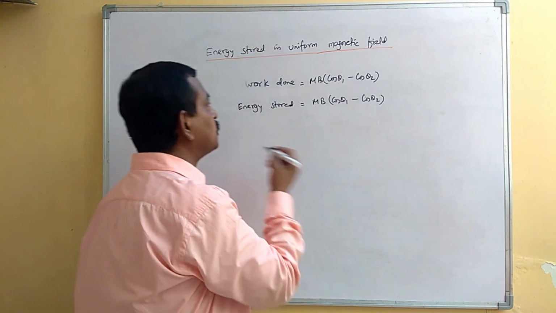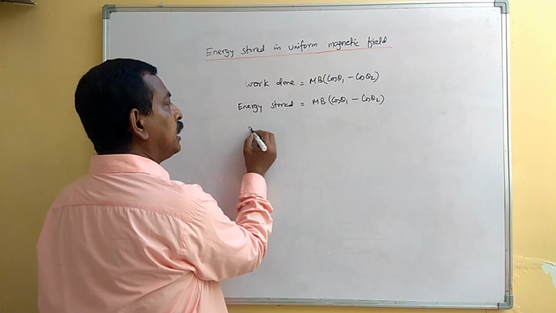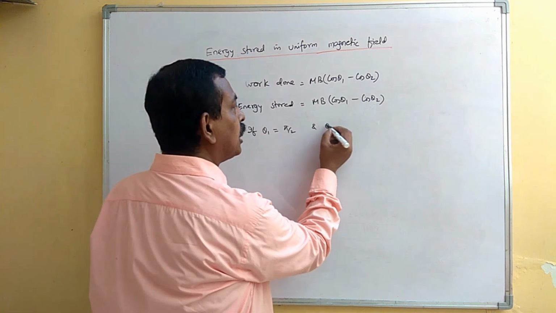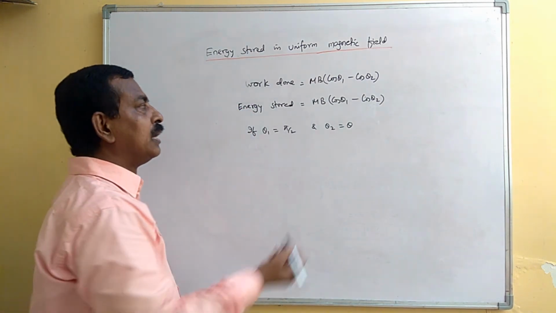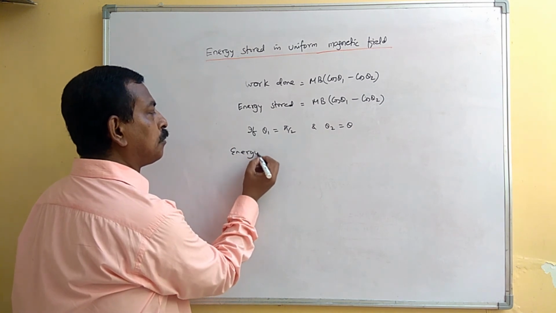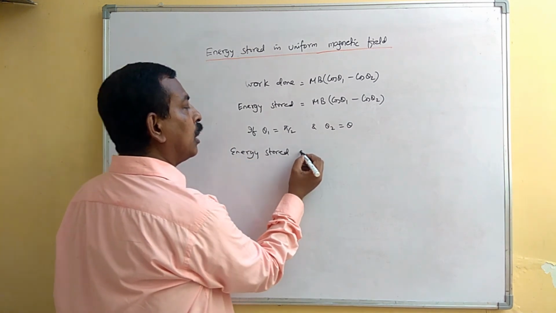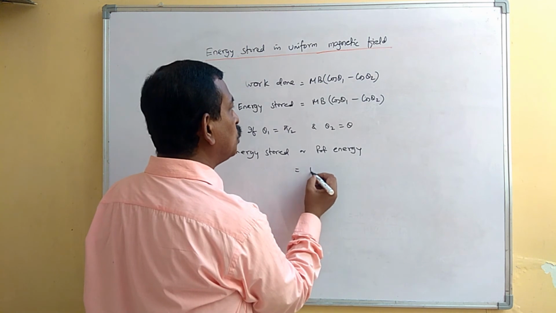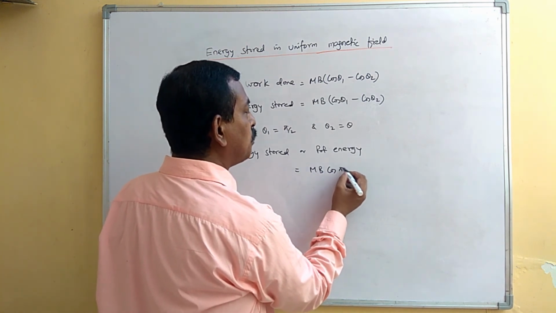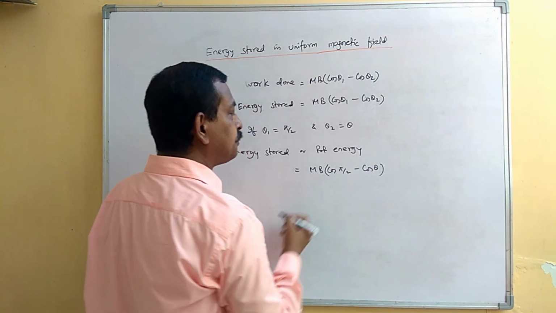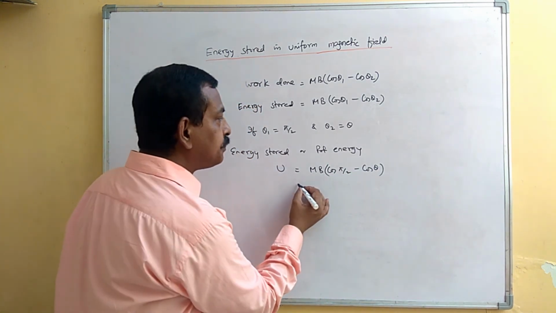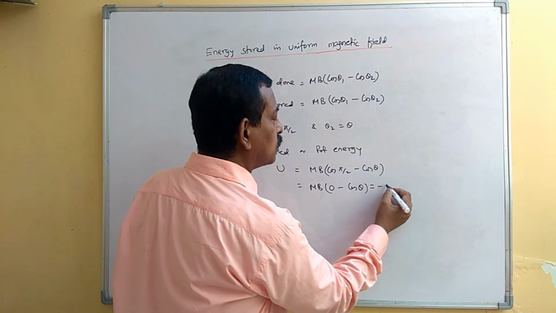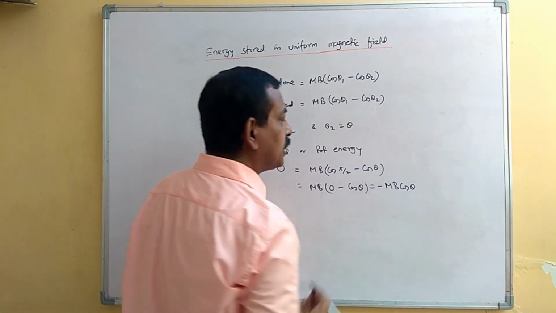Here, if we consider theta 1 is pi by 2 and theta 2 is theta, then the potential energy will be mB (cos pi by 2 minus cos theta), and this is mB (0 minus cos theta), that is equal to minus mB cos theta.